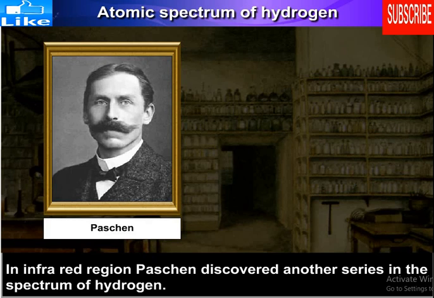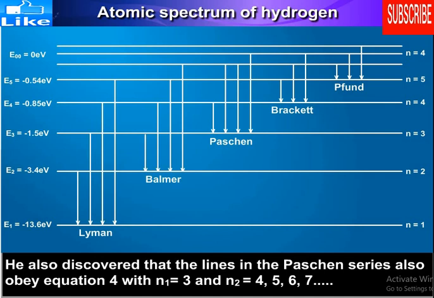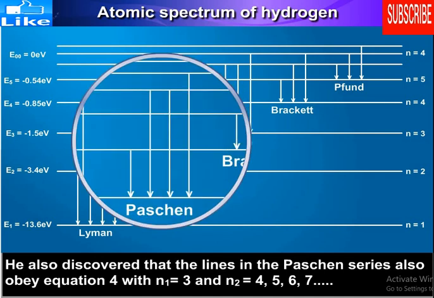In infrared region, Paschen discovered another series in the spectrum of hydrogen. He also discovered that the lines in the Paschen series also obey the equation, with n1 equals 3 and n2 equals 4, 5, 6, 7, up to infinity.